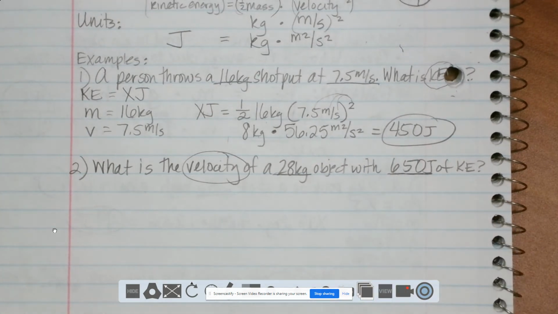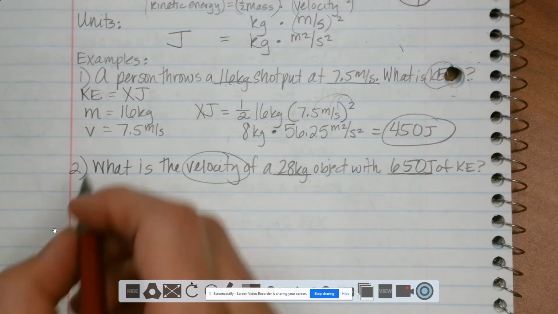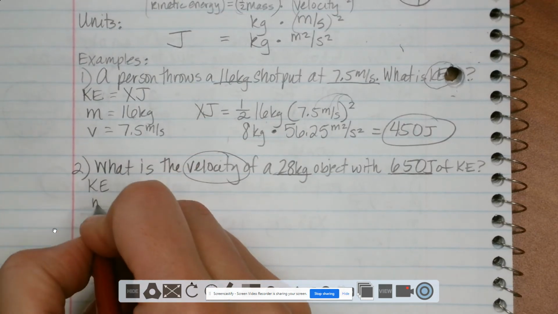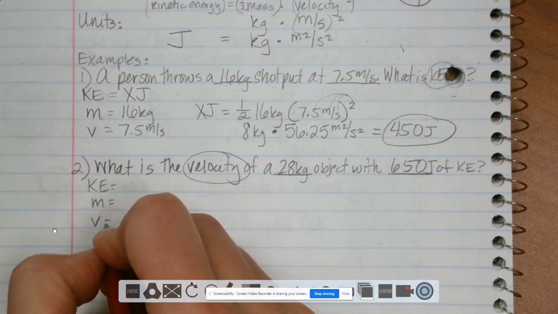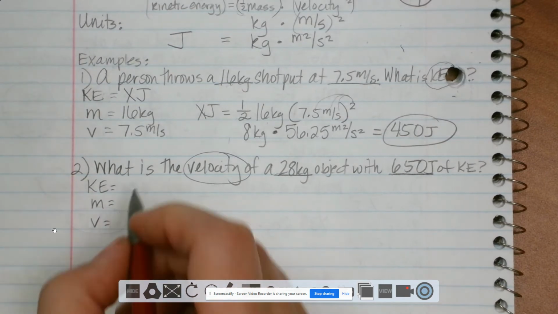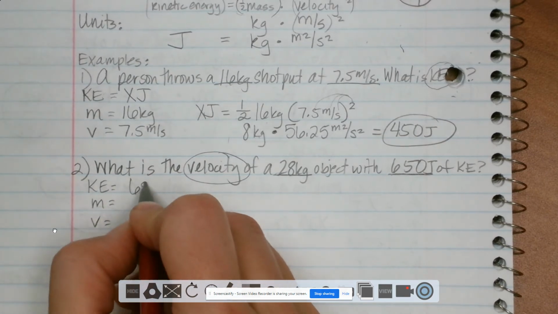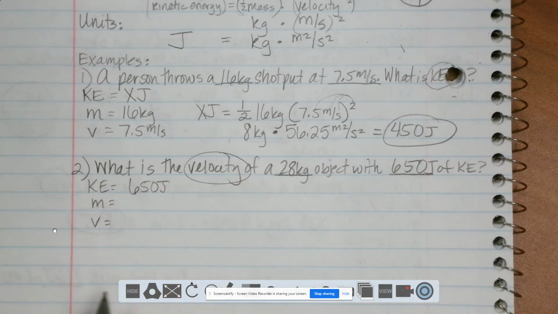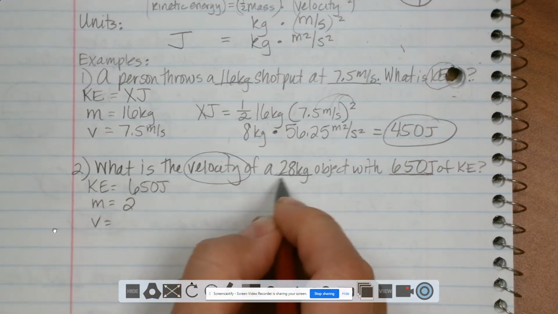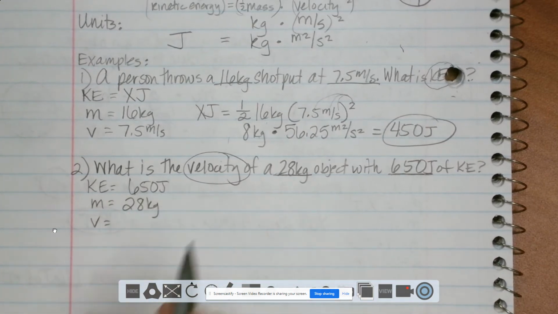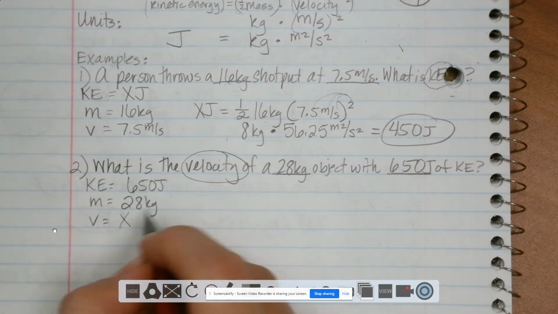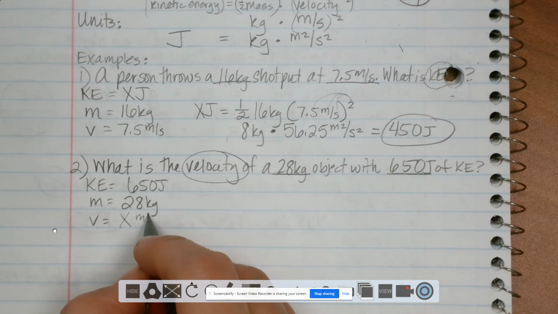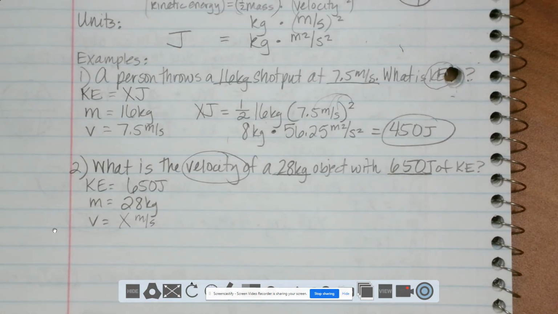So we are ready to write down our variables. I'm going to write down the same variables I did before, all of the ones that are in the problem. So I need a KE. This time I'm given 650 joules. I need a mass. I'm given 28 kilograms. And I also need a velocity, but I'm not given that, so that's going to be x, and my velocity units are meters per second.